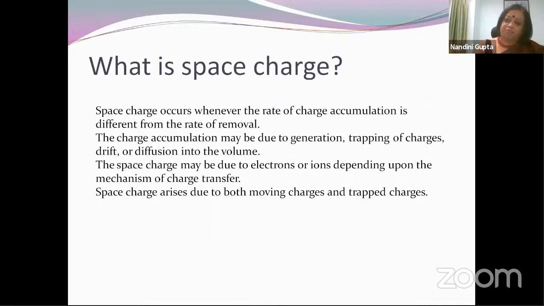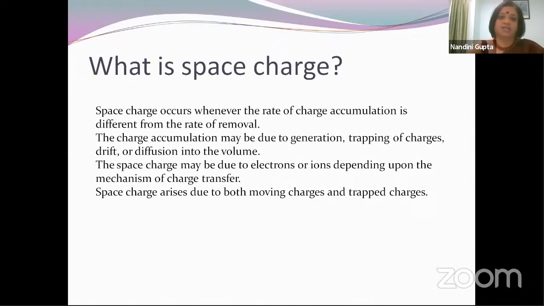And with all kinds of polarization mechanisms that we discussed yesterday, this kind of charge separation is going to happen in the presence of an applied electric field. But these charges will result in a layer of induced negative charges near the positive electrode and a layer of induced positive charges near the negative electrode. However, the difference between free charges and induced charges is that they are bound charges.